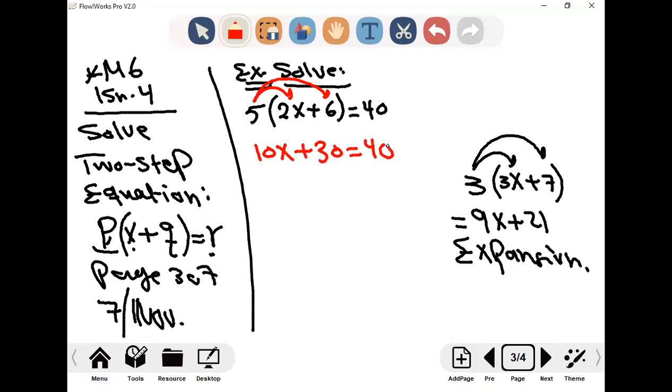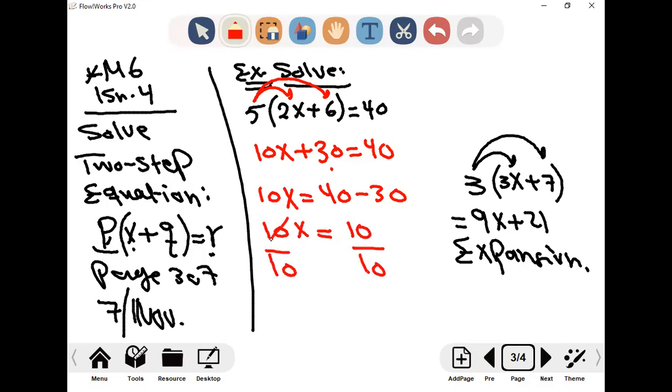Now it becomes our two-step equation, which we did in the previous two lessons, right? Now, how do we get rid of the connected number? Shift it, then divide by what? By 10 both sides. So here 10x equals 40 minus 30. 10x equals 10. Divide by 10 both sides. X will be what? 1.